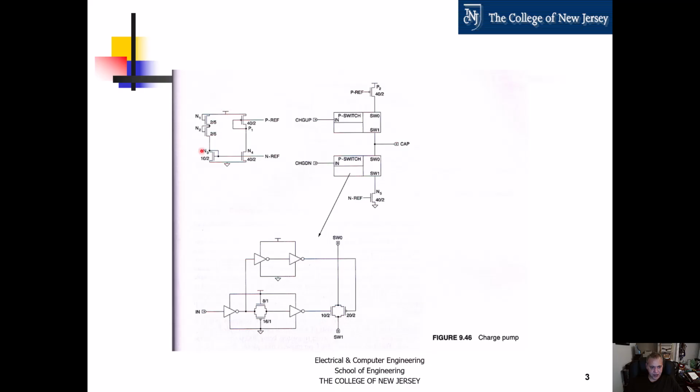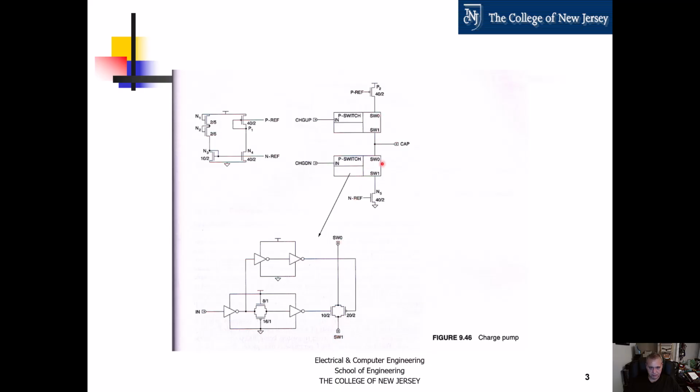Also, this current mirror here generates the bias voltage for this P channel current source or this N channel current source. The specifics of the switch: we have two of them, and they're the same. So two instantiations of the switch are here. We essentially have a transmission gate which implements the switch from the SW0 port to the SW1.